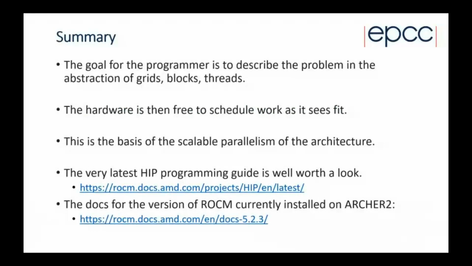Okay, so really what we're talking about here is that the goal of the program is to describe the problem and the programming of the GPU in an abstraction in terms of grids, blocks, and threads. We'll come on to that in more detail when we look at the kernel example later. The hardware is then free to schedule the work within each of those blocks to specific threads in a compute unit, and it is allowed to switch those out because they're deemed to be independent.